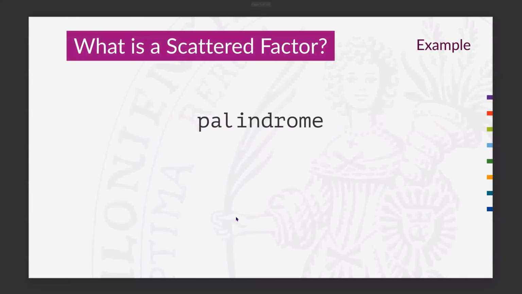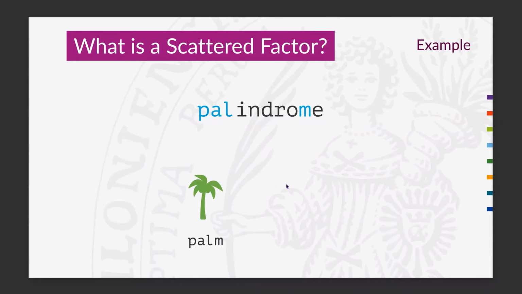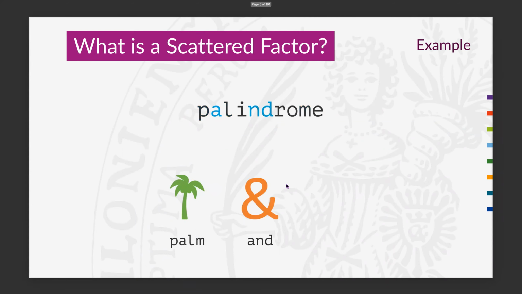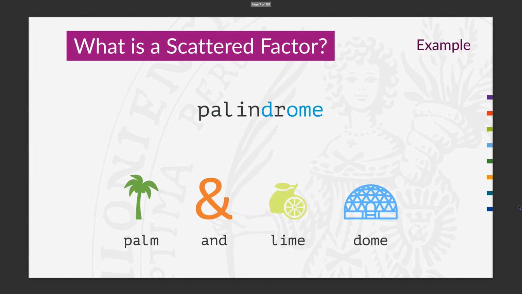Okay, first, what is a scattered factor? It has a lot of names, which are sometimes ambiguous, so I use the word scattered factor. You have a word, and if you delete some of its letters, what remains is a scattered factor. So in the word palindrome, we find the palm, we find an ant, we find a lime, and we find a dome.